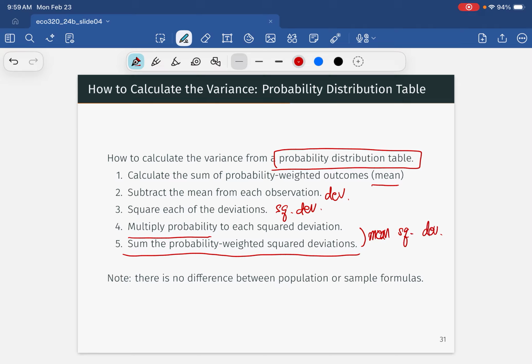Also, in this case, when the probabilities are given, there is no population or sample formula. There is no difference, right? Because probabilities are given, and we don't have a sample size. We don't know the sample size in this case, so we are not going to use the distinction between population and sample.